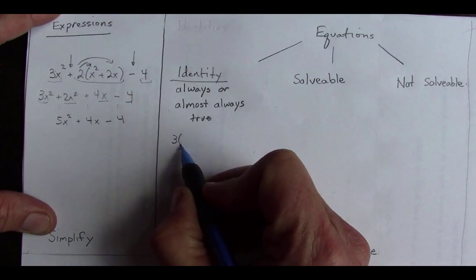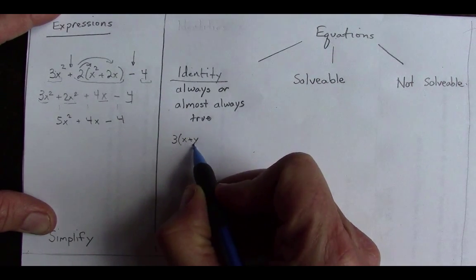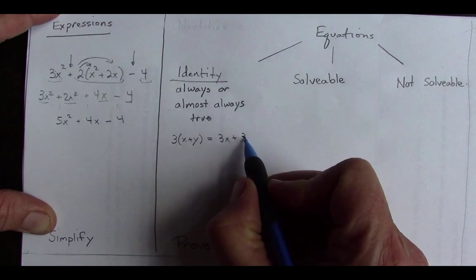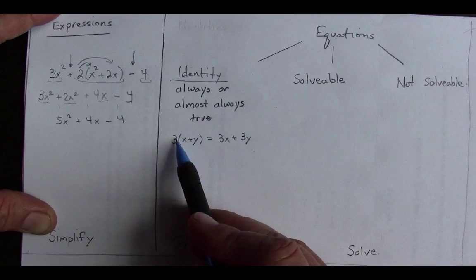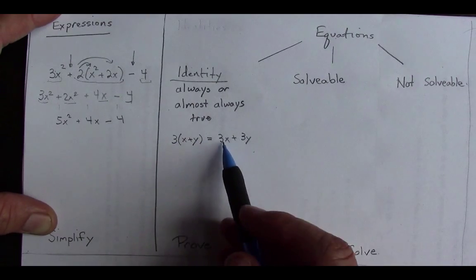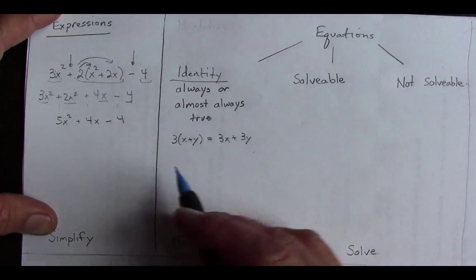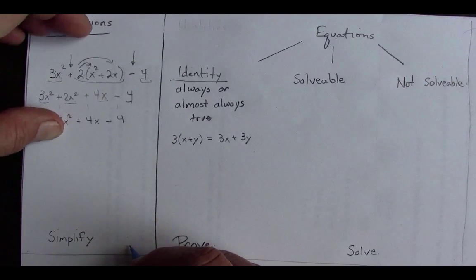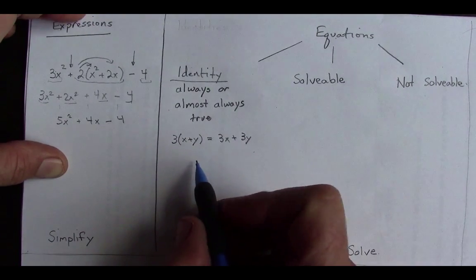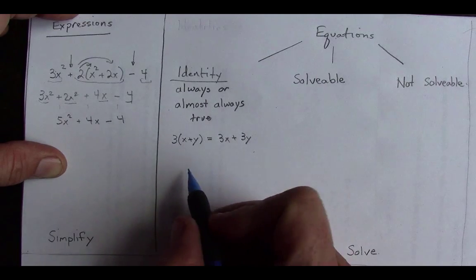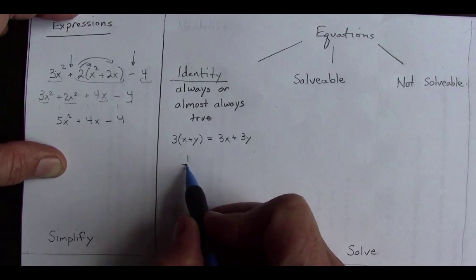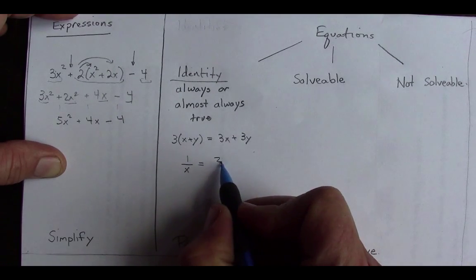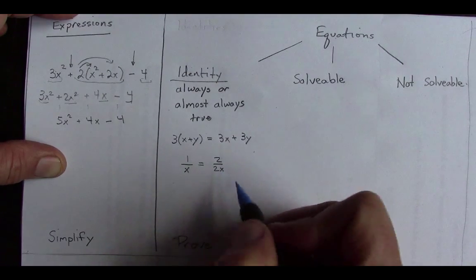So here's an example of something that is always true. It doesn't matter what value you pick for x and y, 3 times (x plus y) is the same as 3x plus 3y. And this will work no matter what x or y we substitute in there. So that's always true. Here's an identity that's usually true. Say 1 over x will be equal to 2 over 2x.